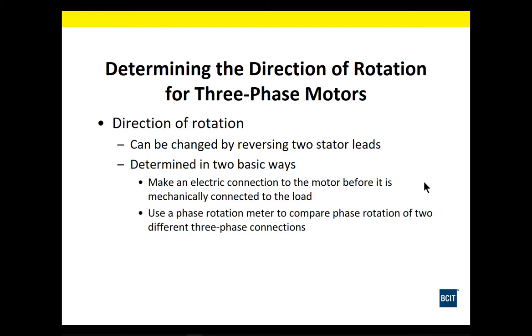One is to make the electrical connection to the motor before it's connected to its mechanical load and do what's called a bump test, which is a small energization just to see which way the motor is going to turn, and de-energize. The other is to use a phase rotation meter to compare the phase rotation of 2 different 3-phase connections.